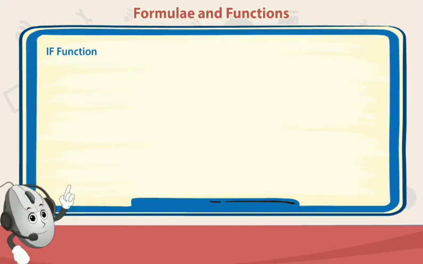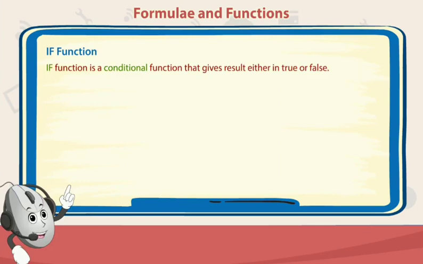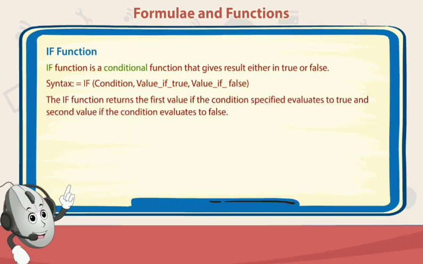Now let's learn about the IF function. The IF function is a conditional function that gives the result either true or false. Here we have the syntax: IF(condition, value if true, value if false).